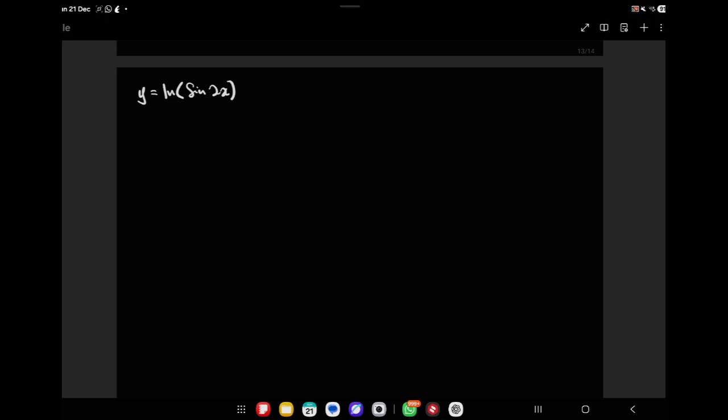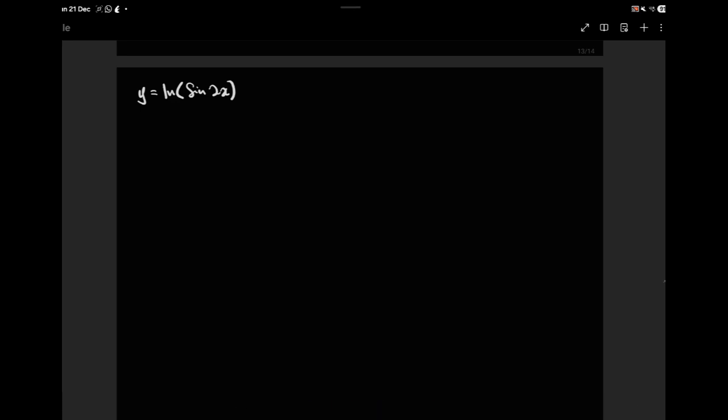Okay, let's look at the second question. For this one, again, we have one term, but inside that one term we have another term. So we have ln, and inside that ln we have sine. So basically this makes us need to use the chain rule.